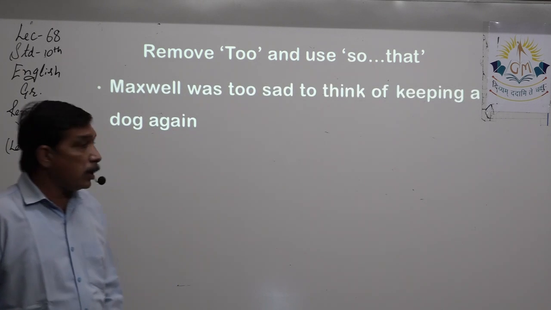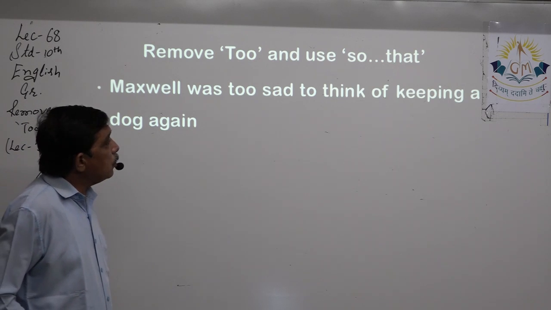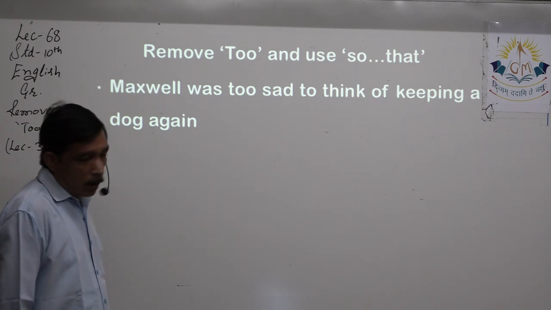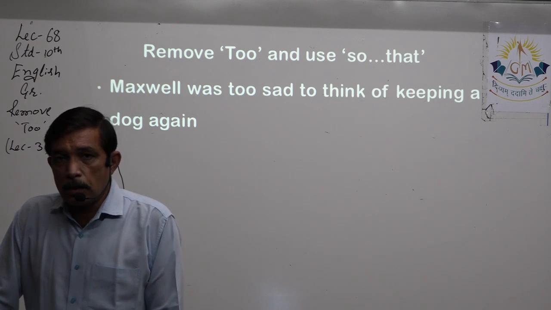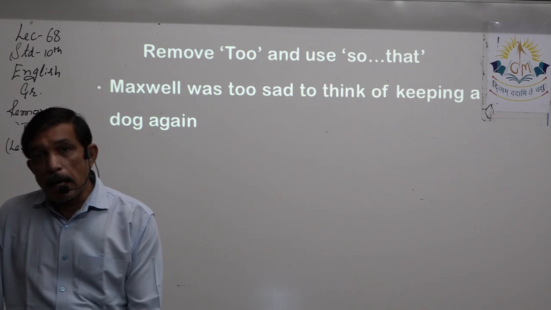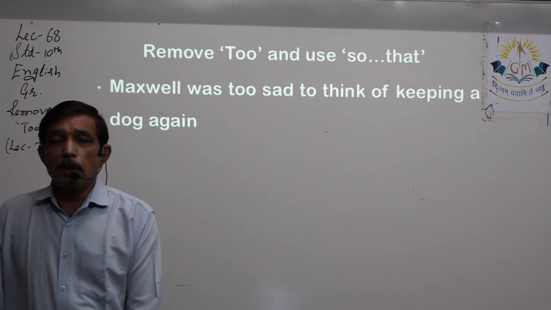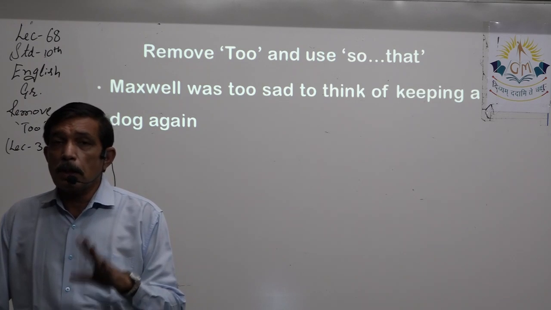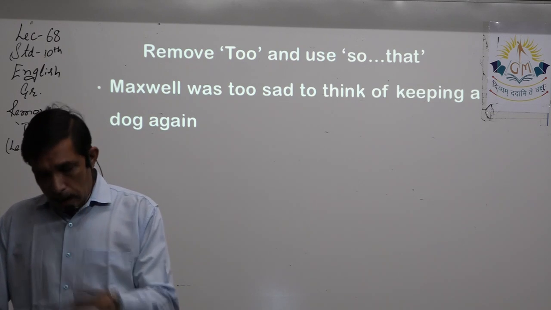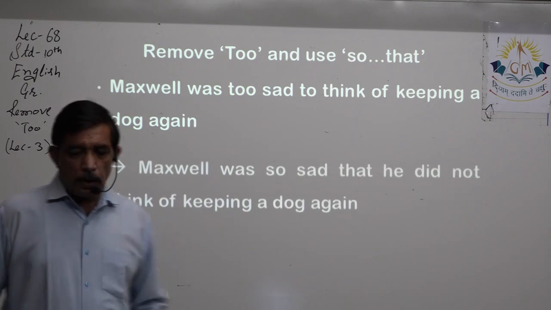Here's a chapter just learned. Maxwell was too sad to think of keeping a dog. Maxwell was too sad to think. So sad that. Maxwell was so sad that. Now too is there without a negation, so that will be used with a negation, right? How are we going to do it?